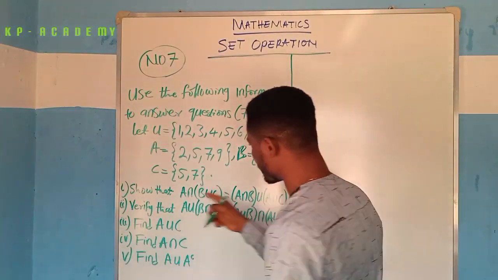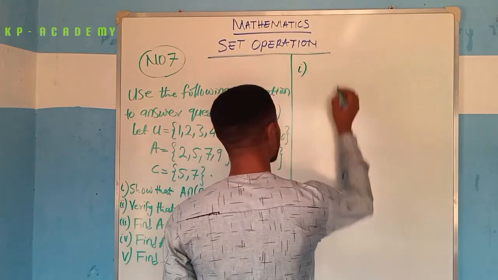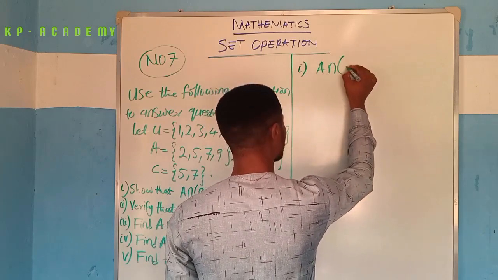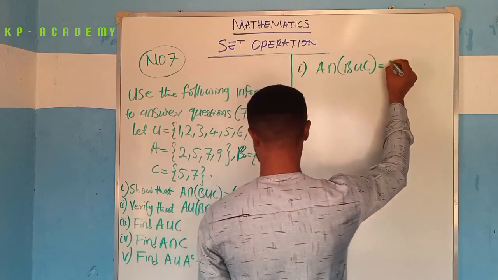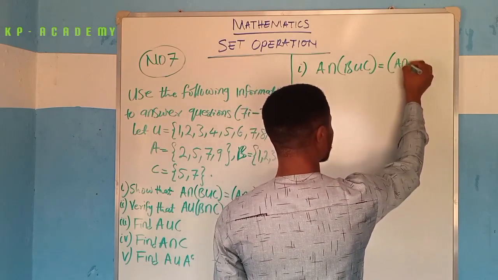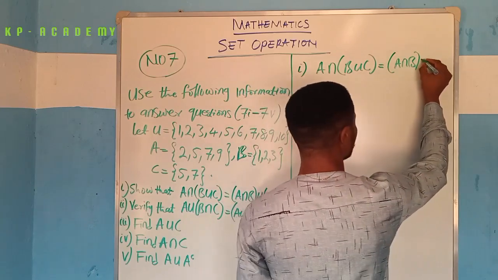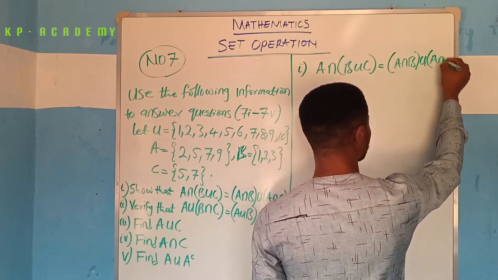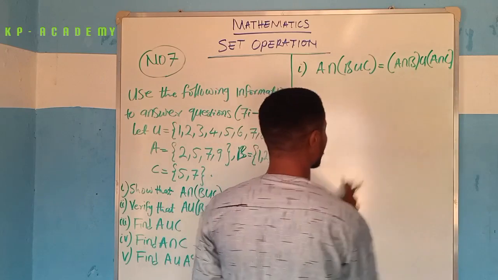So from part i now, it says that A intersection into B union C is equal to A intersection B union A intersection C. We are just asked to show that this left hand side is equal to the right hand side.